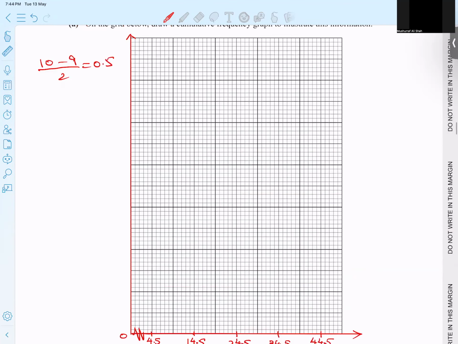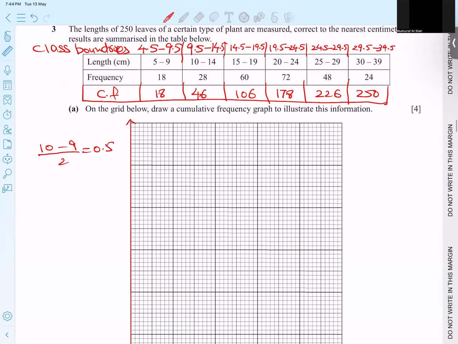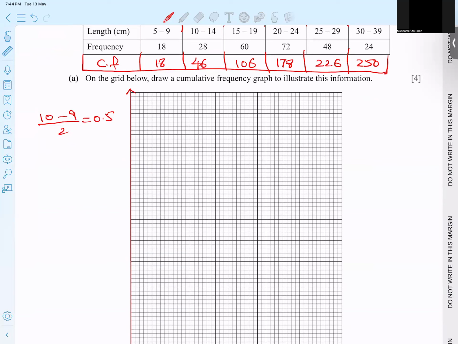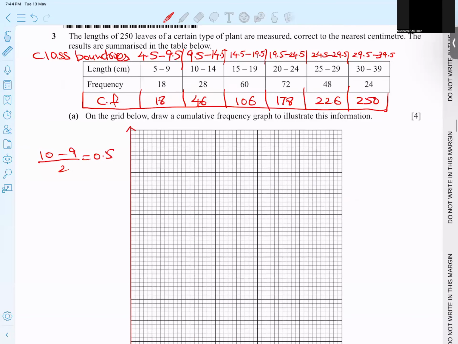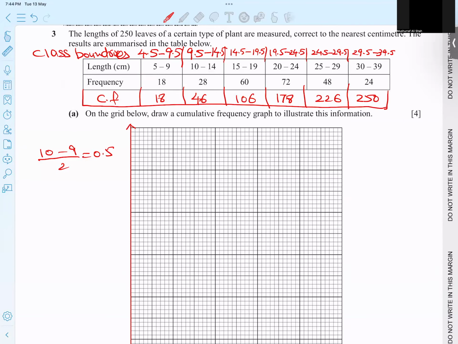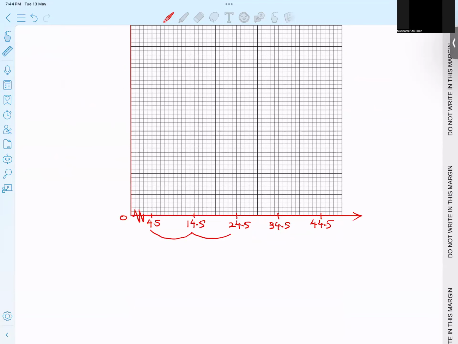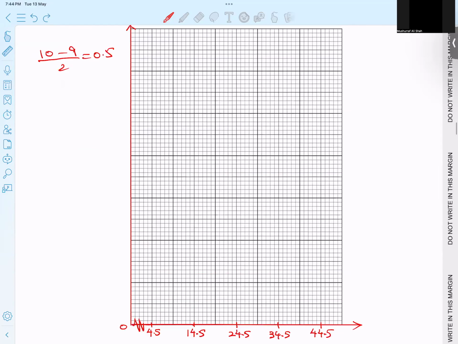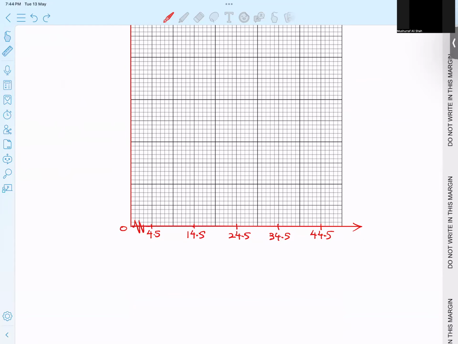Let me check again: 4.5, 14.5, 24.5, 34.5, 44.5, with a gap of 10. Let me recheck finally: 39.5. Okay, so this is all okay.